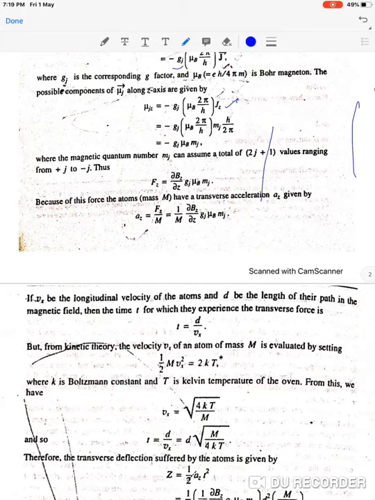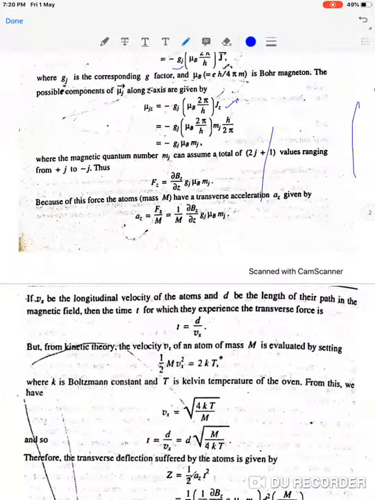So we got the total magnetic moment component with respect to the magnetic field direction.